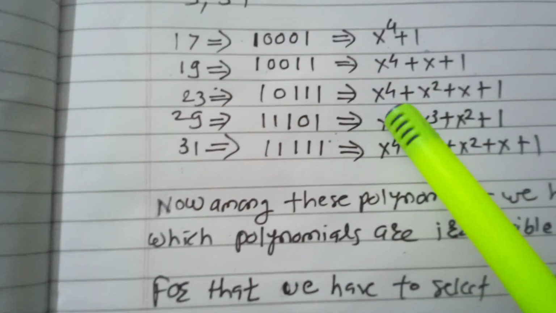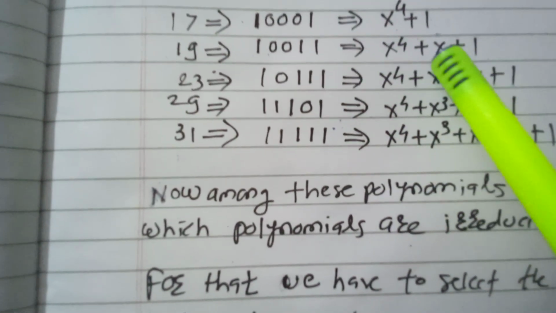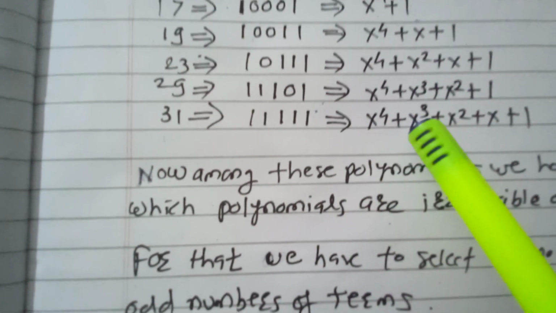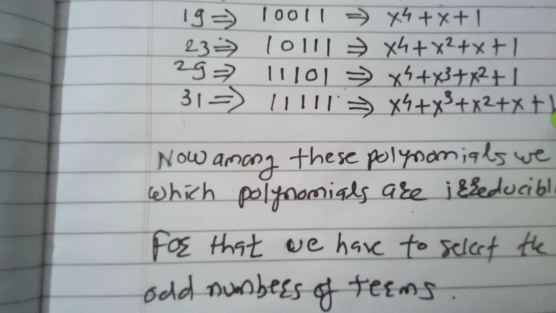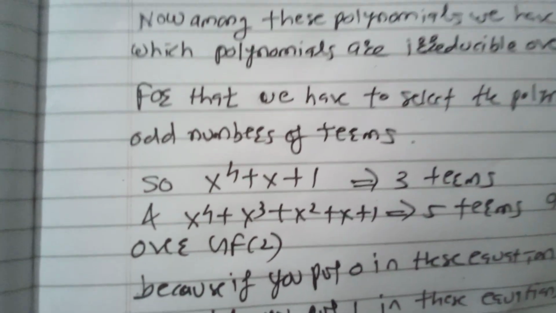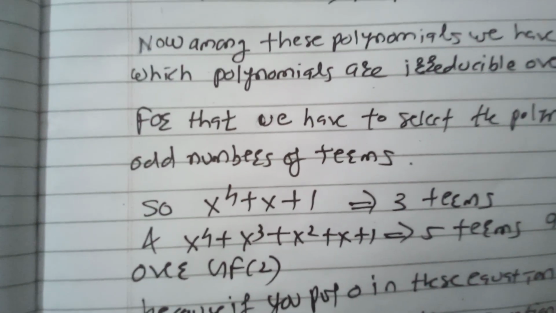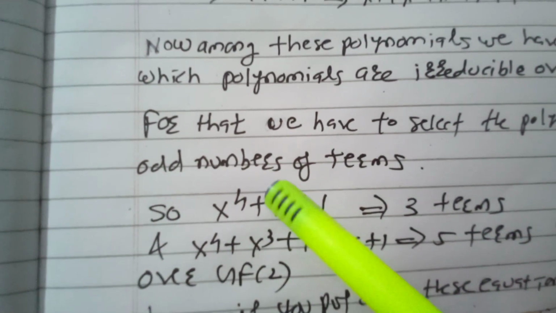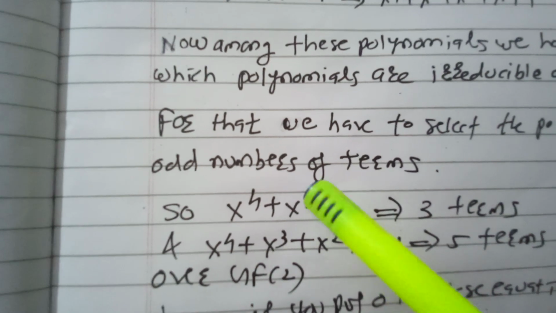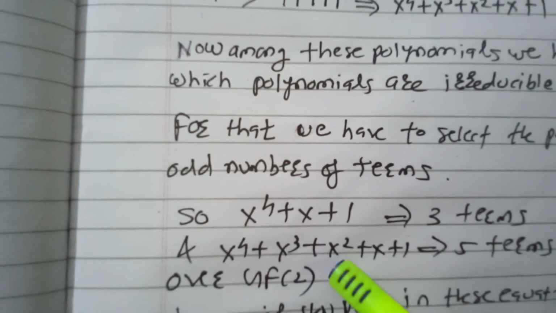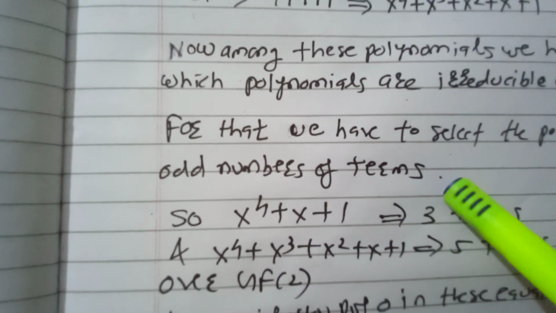So x raised to 4 plus x plus 1 and x raised to 4 plus x cube plus x square plus x plus 1 are irreducible over Galois field 2. The two conditions are satisfied here: these two polynomials have no roots in Galois field 2.